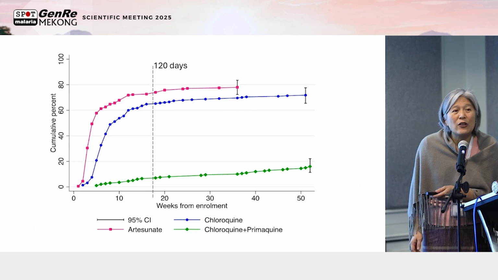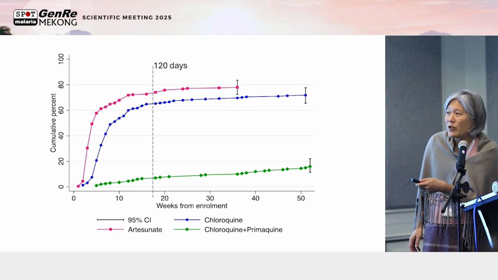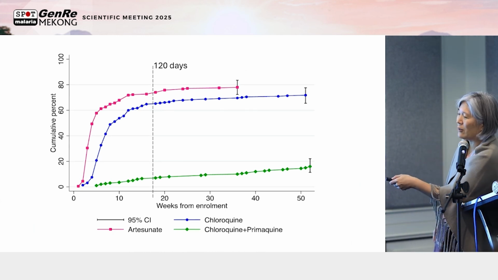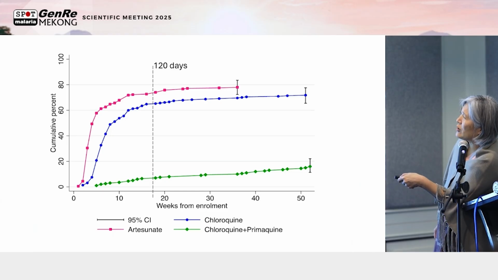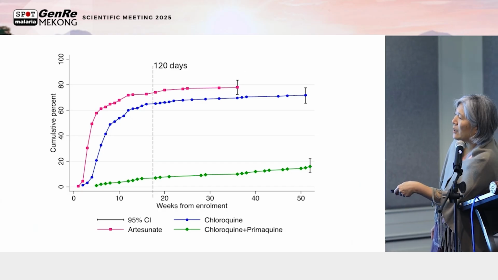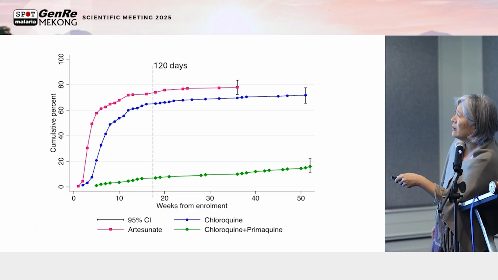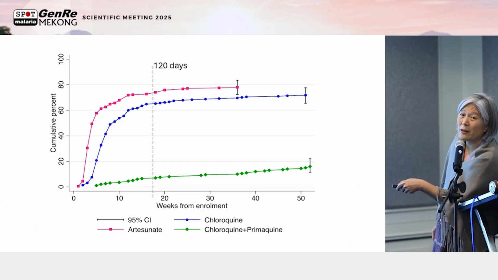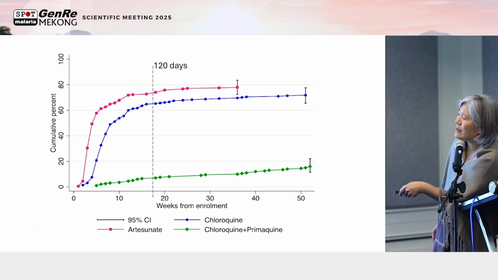This is the figure I showed you earlier, the Kaplan-Meier. It just looks a little different because of the colors. Just to remind you, this is artesunate, this is chloroquine, and when we give primaquine, recurrences drop a lot. We followed for 1 year, but I want you to focus on these 4 months, because most of the data we have now is at 4 months.